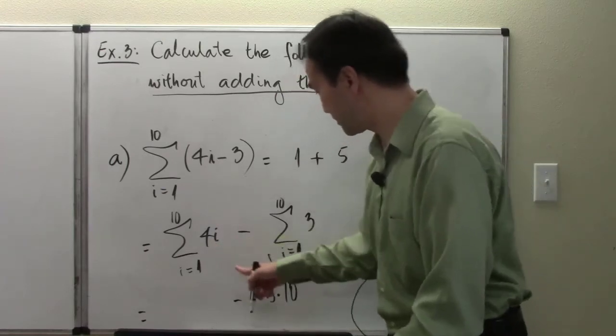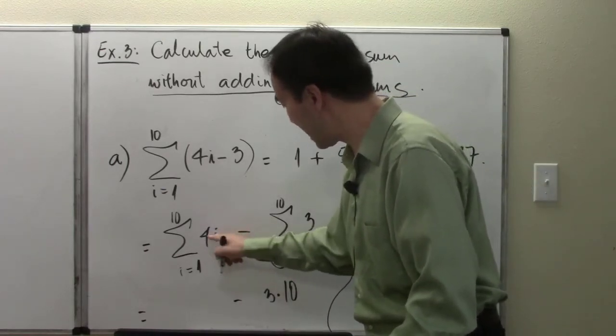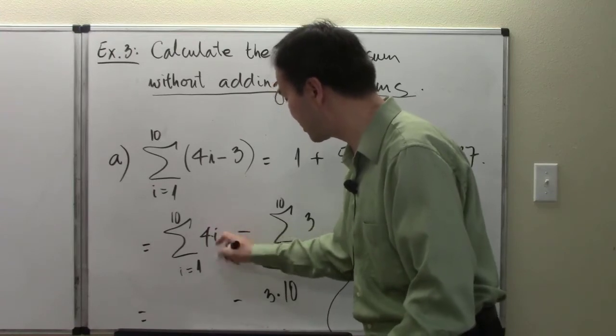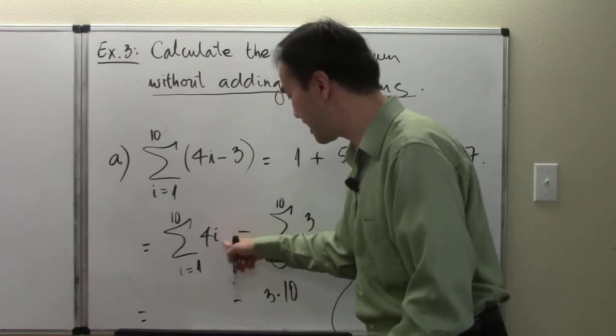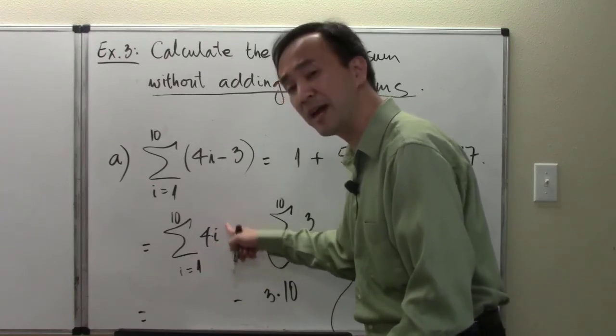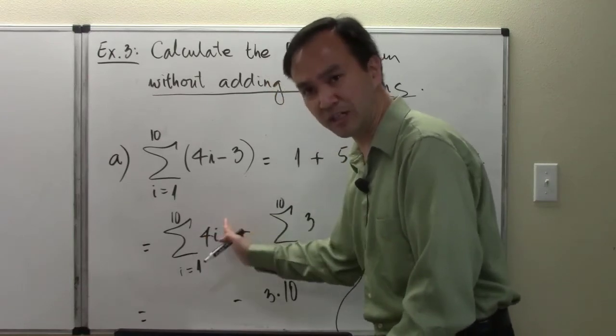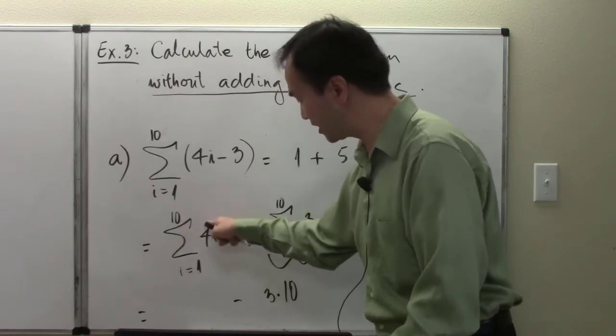You see we have a constant coefficient 4, because the i part is the part that depends on the index position, but the 4, no matter at what term, is always going to multiply by 4. So it's a constant coefficient.